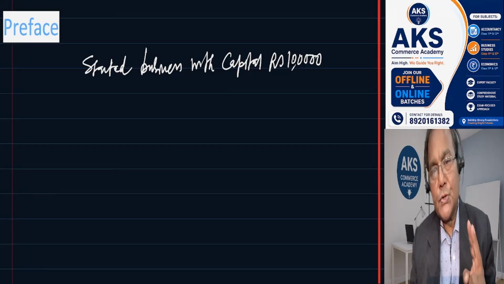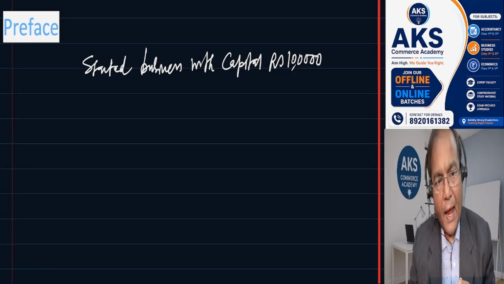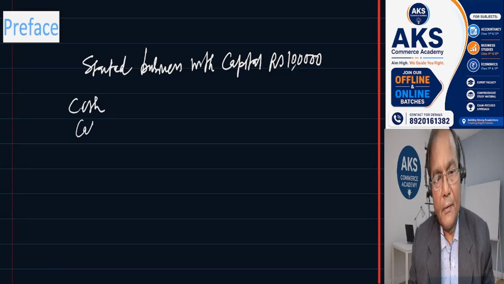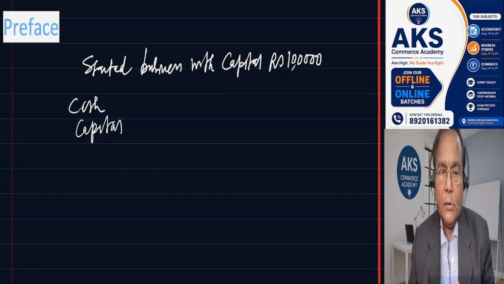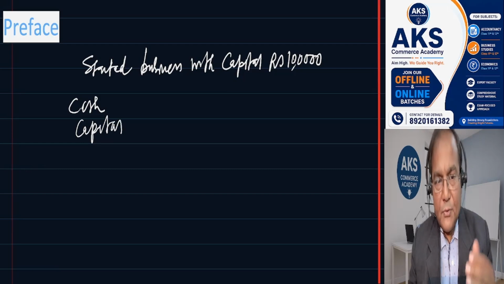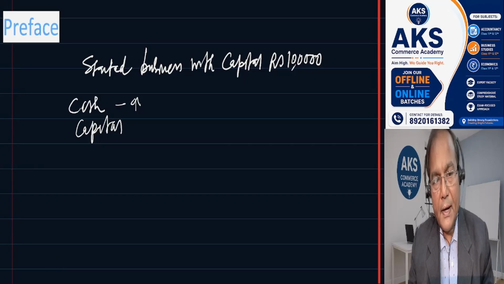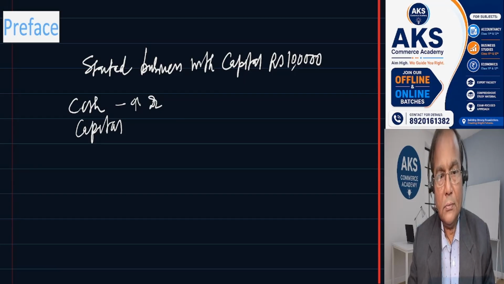There are two accounts involved: one being the cash, which is coming into the business, and the capital. When we pass the journal entry for this transaction, there is an increase in cash, so we will debit cash and credit capital.